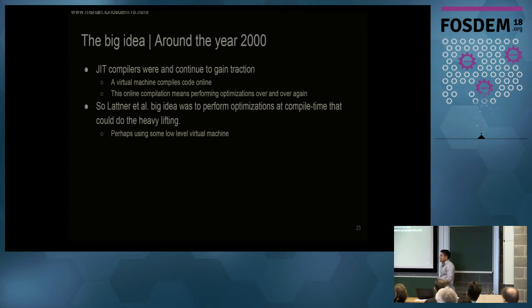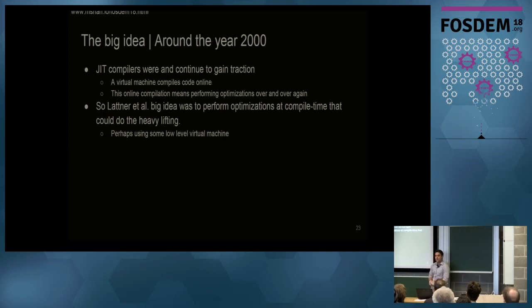So around this time, 2000, and maybe even before, JIT compilers, or just-in-time compilers, were really continuing to gain traction. Languages like Java had virtual machines that could compile code online, as the programs are about to run. But as they're doing this, every time you run a Java program at this time, it had to perform optimizations over and over and over again, right?